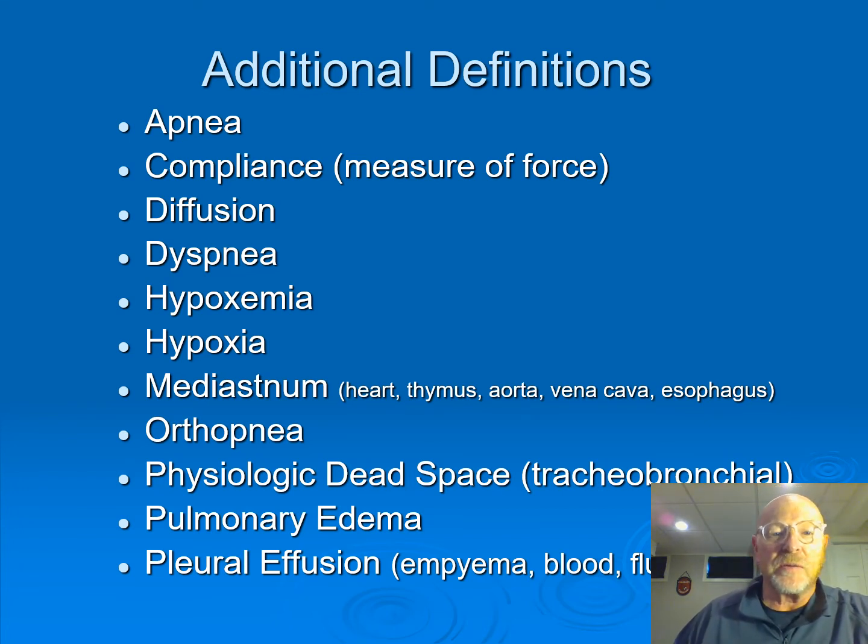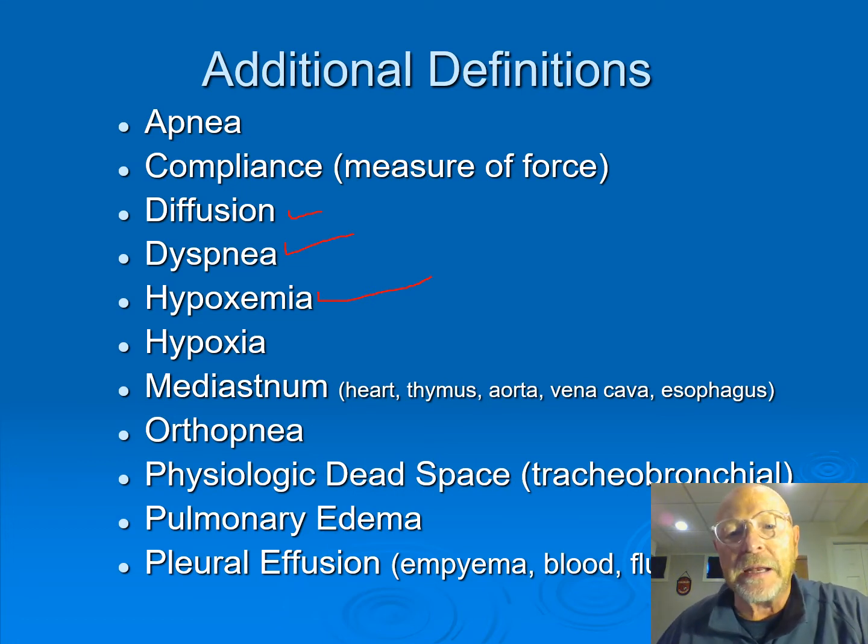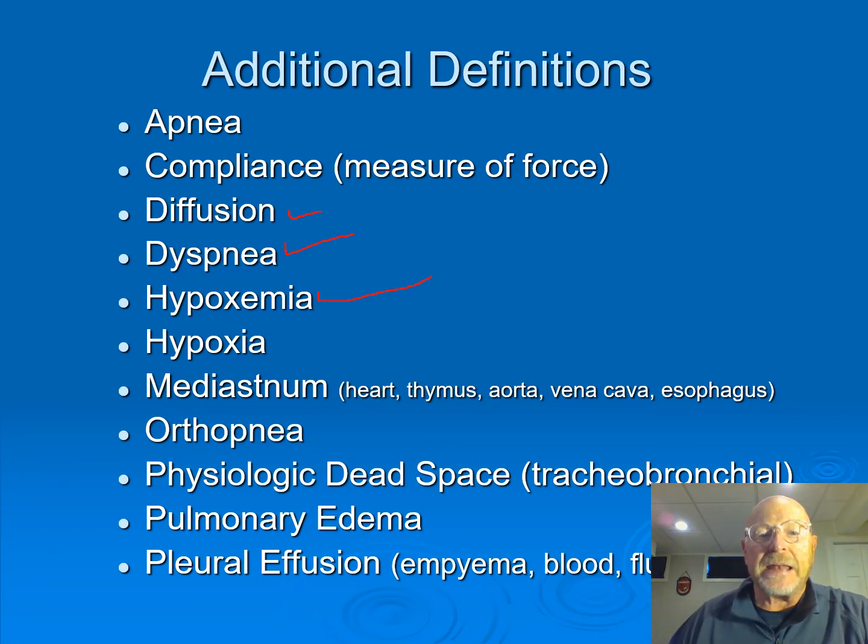Diffusion, we have talked about. Diffusion is the movement of molecules from an area of higher concentration to lower. Dyspnea, difficulty breathing. Hypoxemia is a decrease in the level of oxygen circulating in the bloodstream, and that can result in hypoxia, which is a decrease in oxygen to the cells and tissues, ultimately the organs of the body.